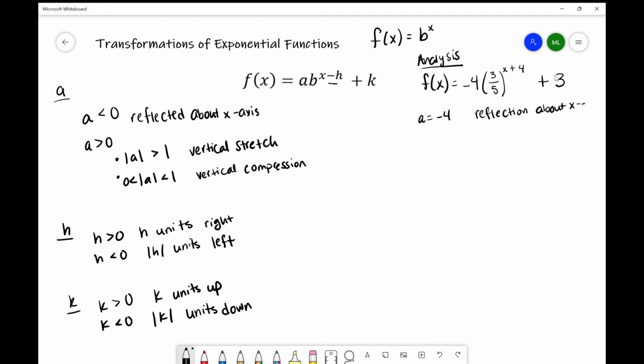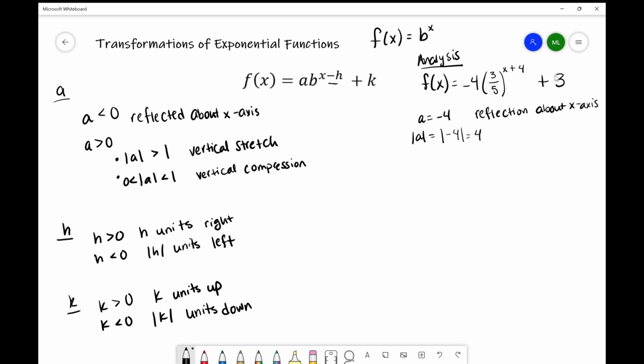We have this down. Okay, also the absolute value of a is equal to the absolute value of -4, which is 4.